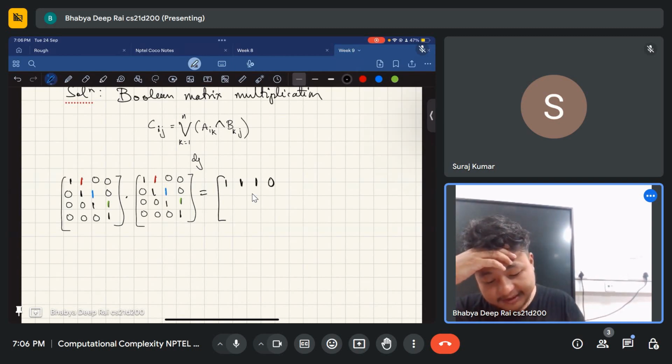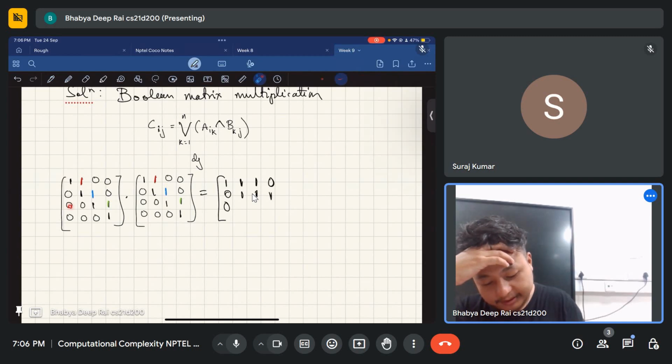Now I'll do second row, first column, which will be 0. Second row, second column, which will be 1. Second row, third column, which will be 1. Second row, fourth column will also be 1. Third row, first column will be 0.